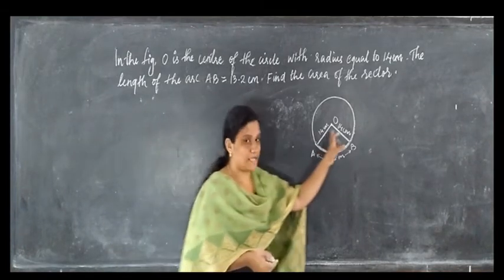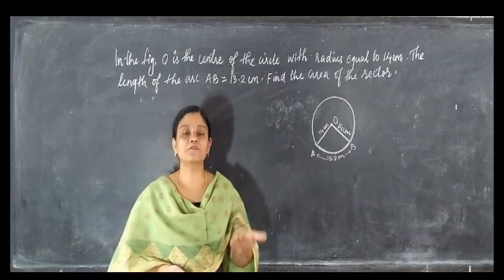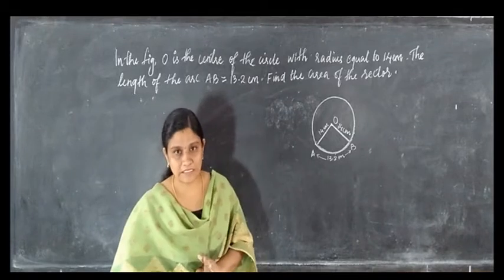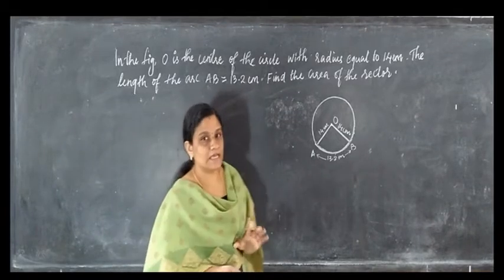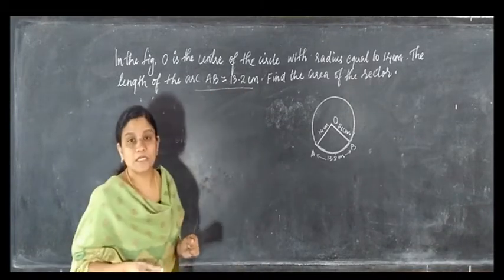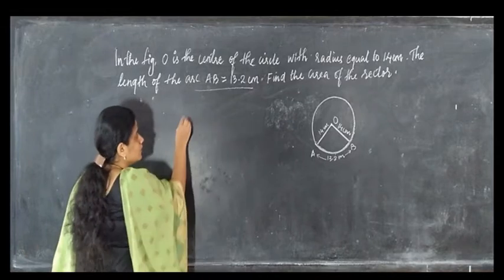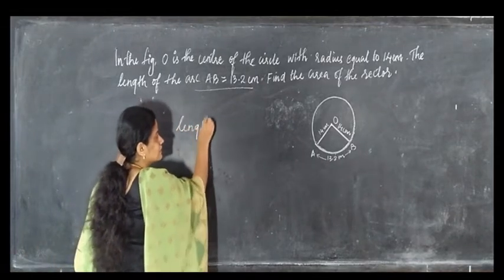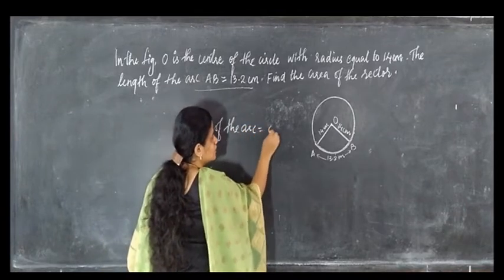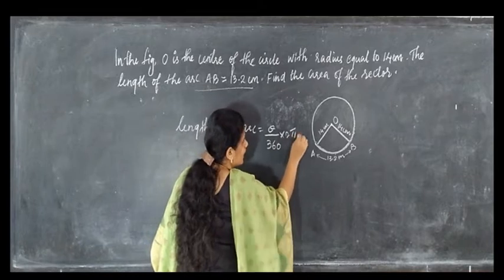But in this question, the value of theta is not given to us. So first we have to find the value of theta, then we have to find the area of the sector. So for finding that, they have given us a condition, that is AB, the length of the arc, is equal to 13.2 centimeter. We all know length of the arc is equal to theta by 360 into 2 pi r.